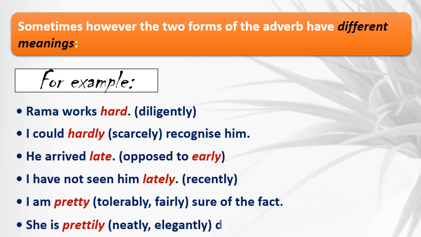She is prettily dressed, and here prettily means neatly or elegantly. So as we have seen, the forms of the adverb have different meanings when we add ly at the end, and when they are used the same as the adjective.